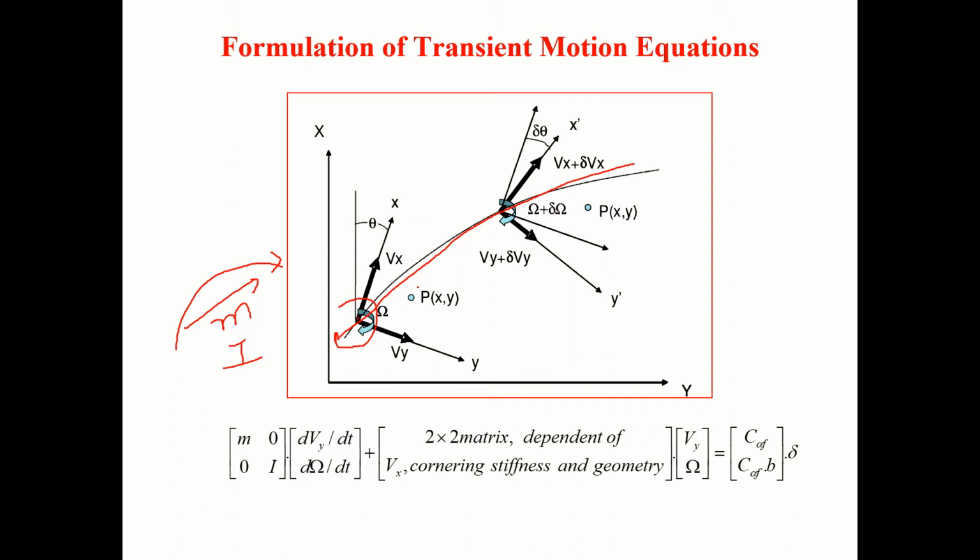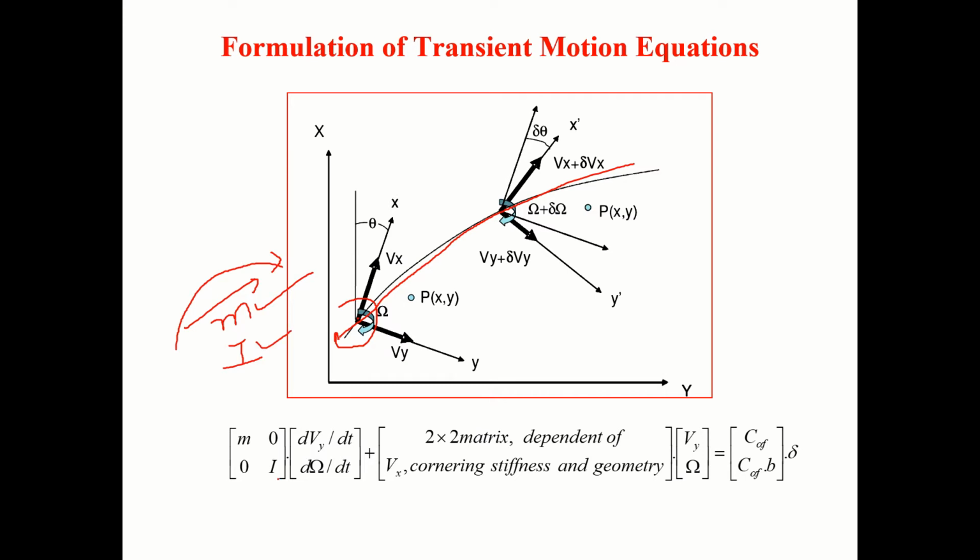So vx, vy. Then fine, it moves from here to here. Again, this velocity would have been Vy, dVy and Vx, dVx. So it's the increase in velocity and angular velocity, right? So considering these two conditions, I should write two differential equations, one considering linear motion, another considering rotational motion.